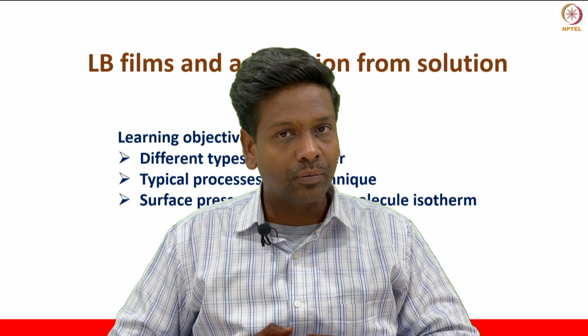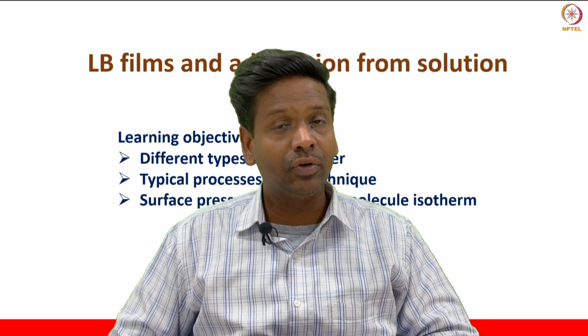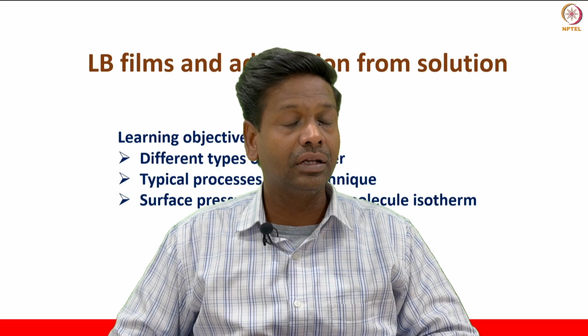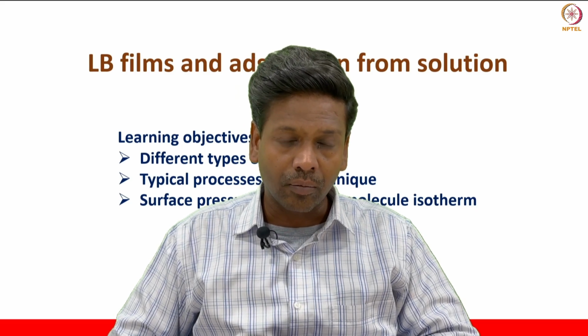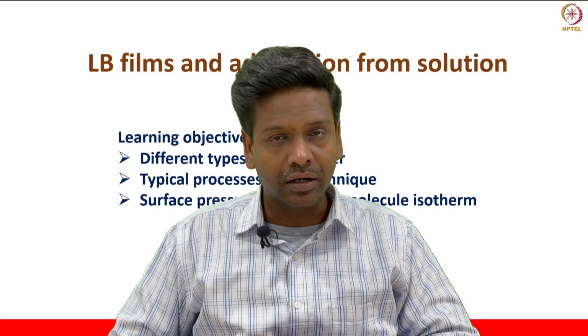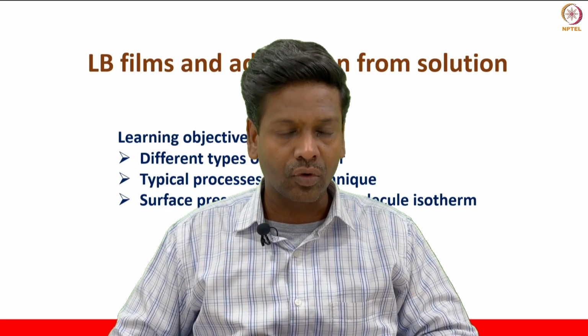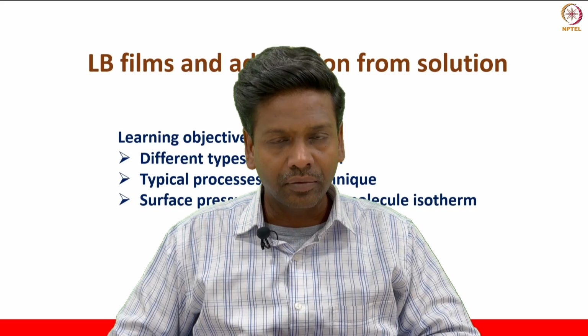If you want to understand the collapse pressure, you can use this information. And sometimes, if you want to understand the molecular weight of an unknown compound, we can obtain it from the surface pressure versus area isotherm. That is exactly what we are going to look at in today's lecture.